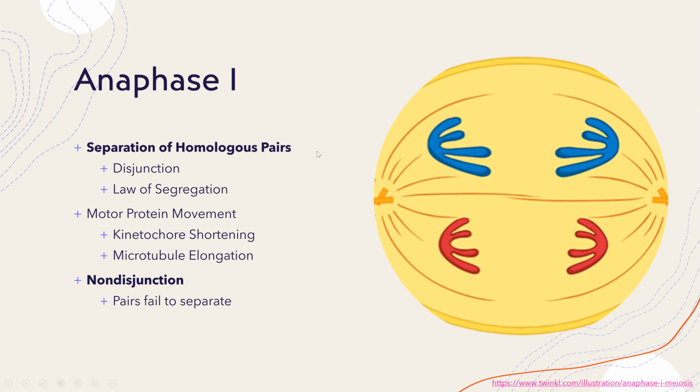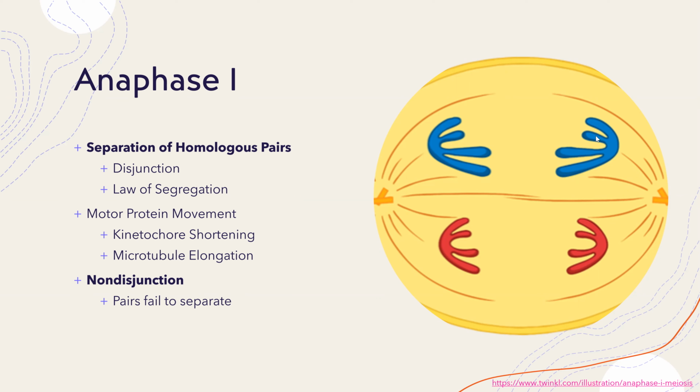So again, we have the motor protein movement, the mitotic spindle fibers pushing each other apart, and so the cell apart. We have the kinetochore shortening, which pulls the homologous chromosomes inward. And we finally have non-disjunction, which is a case where meiosis doesn't work properly and these homologous chromosomes don't separate properly. In this case, they are separating properly.